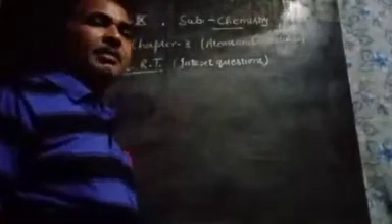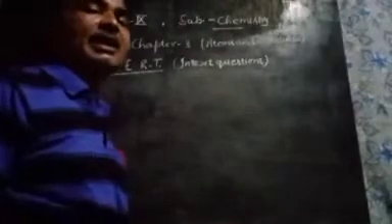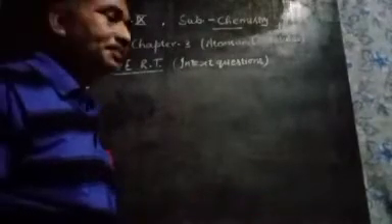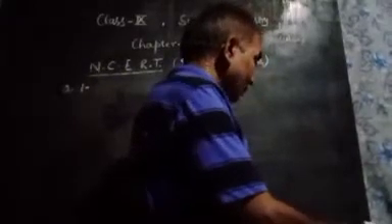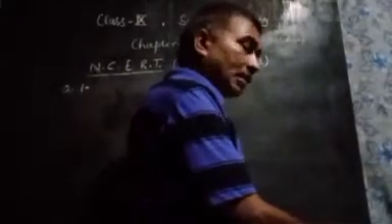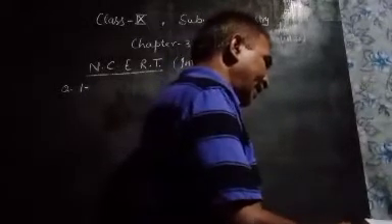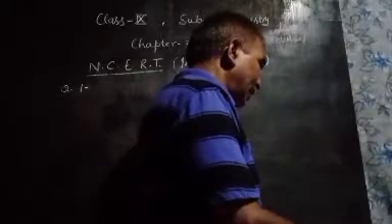Good. Today we will solve the in-text questions given in your NCERT book. The first in-text question: in a reaction, 5.3 gram of sodium carbonate reacts with 6 gram of ethanoic acid.